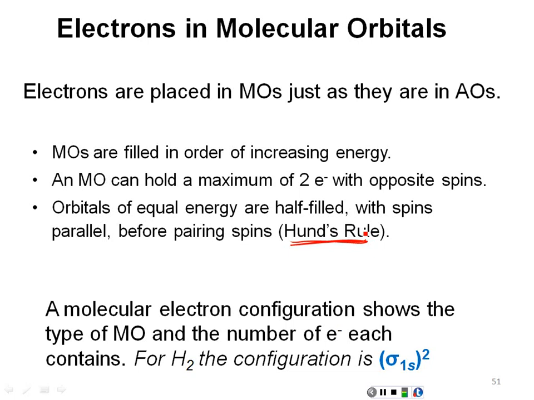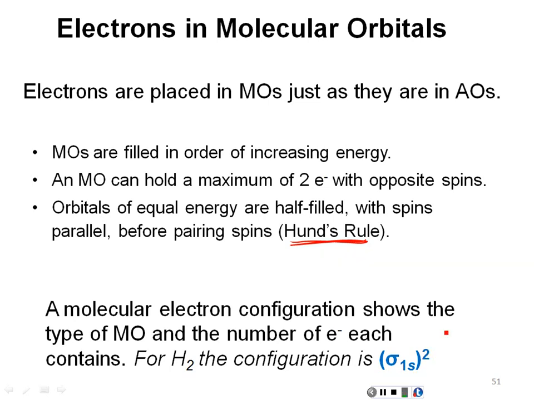Molecular electron configuration shows the type of molecular orbital and the number of electrons each contains, so you can write these in shorthand. For H2, the configuration would be sigma 1s 2.